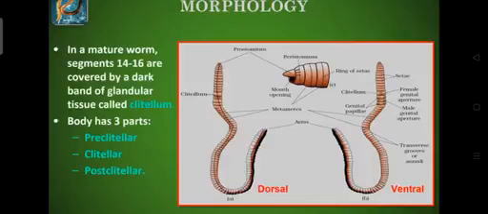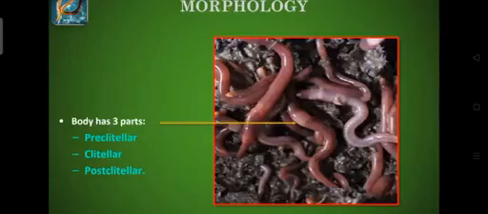Before the clitellum is one part, clitellum is the second part, and after the clitellum is the third part. In this picture you can see the clitellum here. That dark color band is visible. You can see the arrow mark. So that is nothing but the clitellum. Before that clitellum it is preclitellar, and after the clitellum it is the postclitellar. So 3 parts of the body.